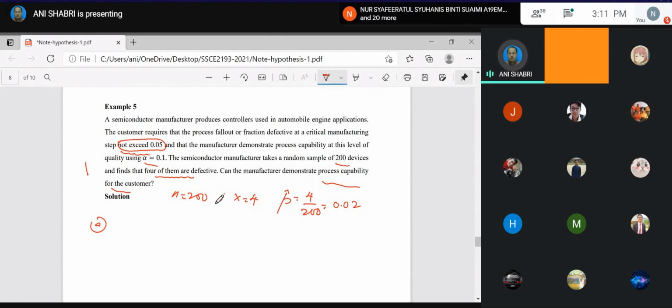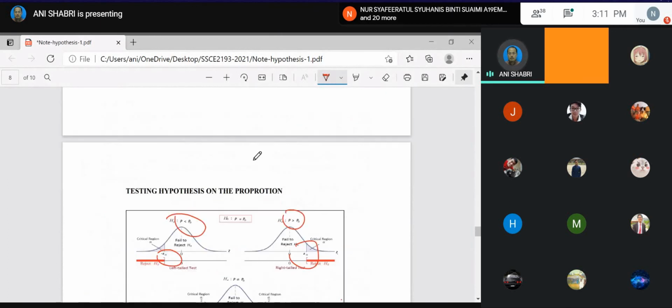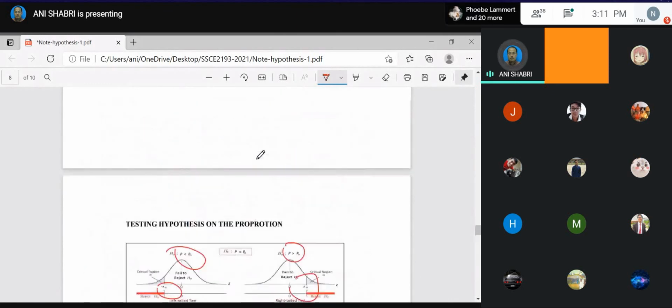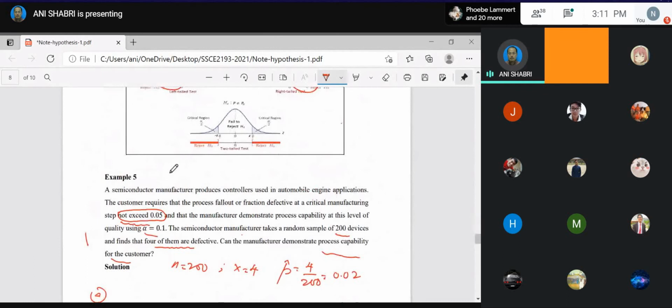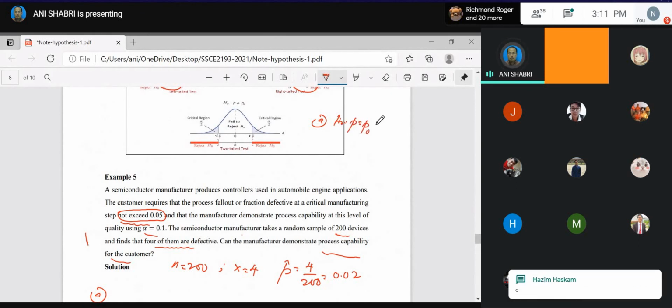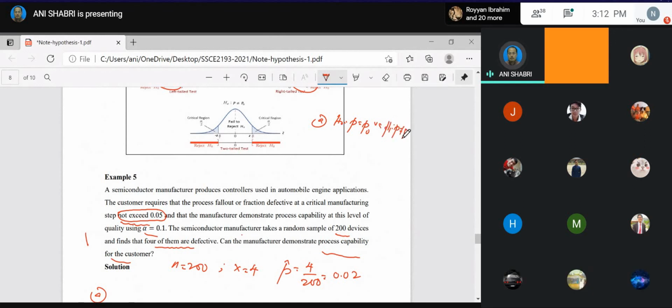Okay, which one? Mana nak kena gunakan? Okay, the hypothesis. We have 3 hypotheses, same as number one, number two. Number A: H0, p is equal p null, against H1, p not equal p null.